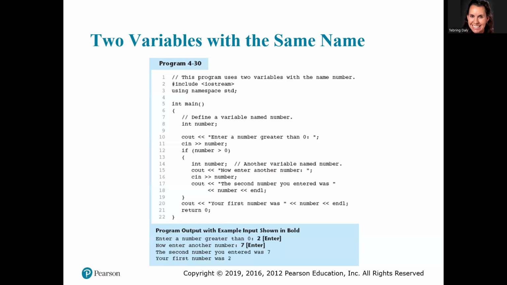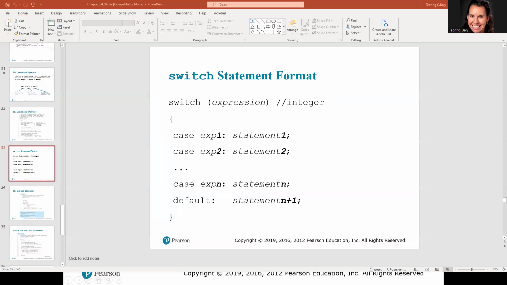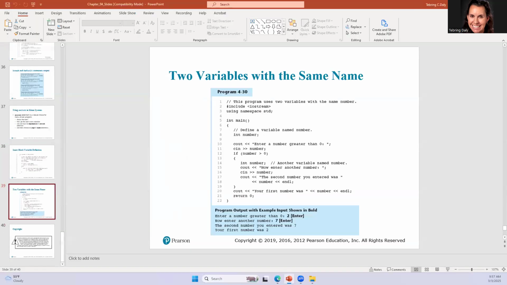Because when you're in separate curly braces, you can have the same name because it's a separate place in memory, even though it has the same name. But then when you come out, you're referring back to the other one. So trying to give them different names makes it a little easier to keep track of them. Does that make sense, everybody?